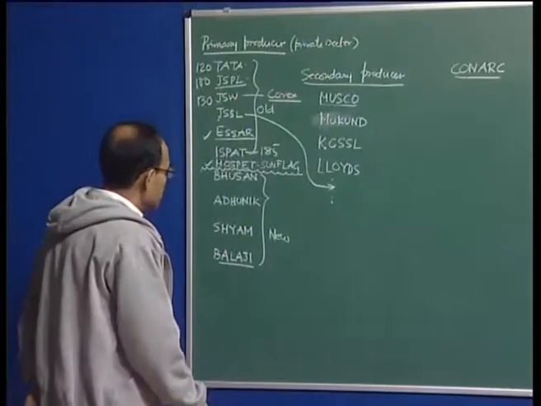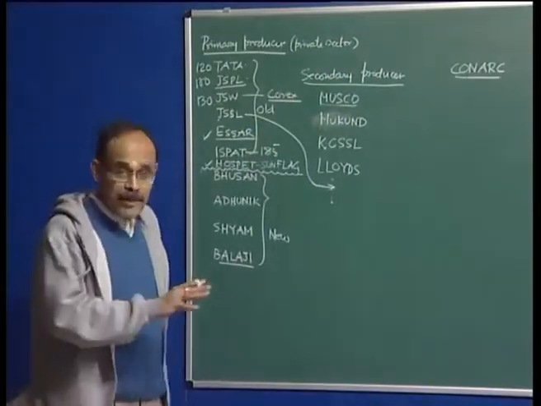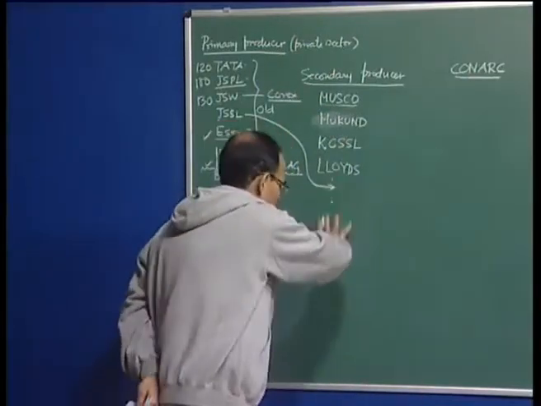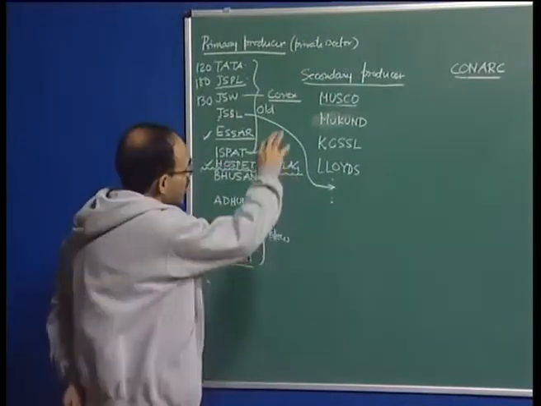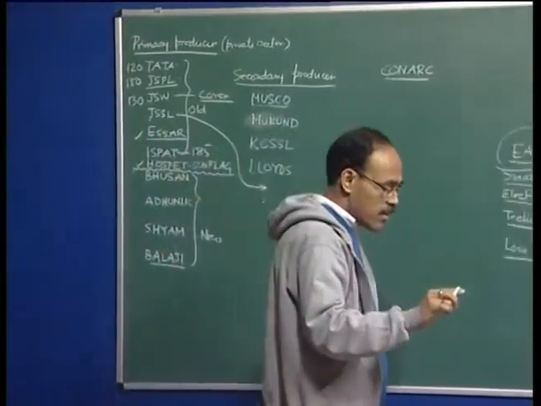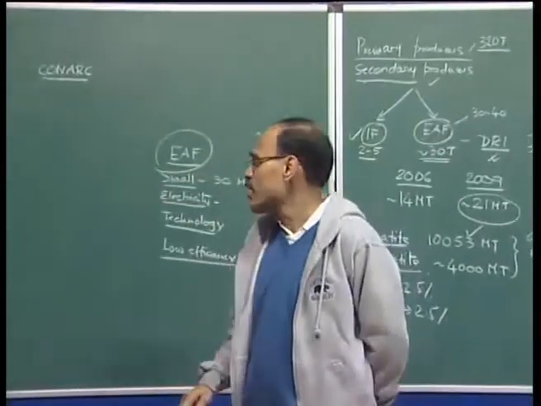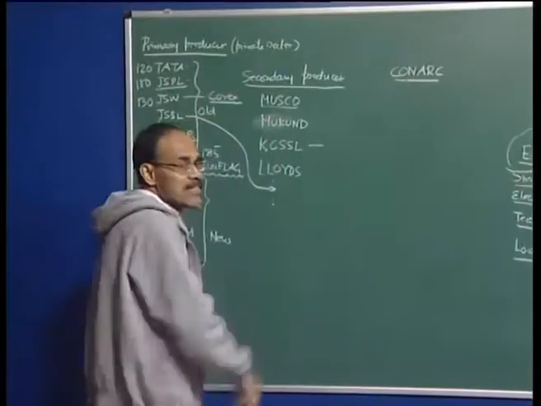So far as the secondary producers are concerned, they are basically electric arc furnace based companies. Whatever I have listed there, I have not listed those which use induction furnaces. So I would say that most of them use electric arc furnace coupled with a lot of secondary steel making and continuous casting. And KCCL, for example, they produce continuously cast slabs.